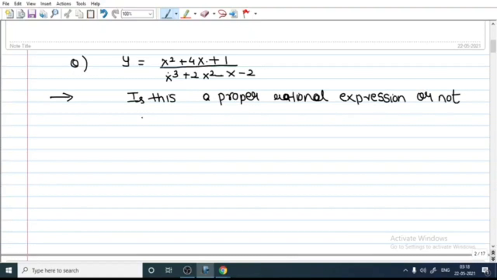First you should ask yourself, what is the condition for a proper rational expression? Degree of numerator is less than degree of denominator.